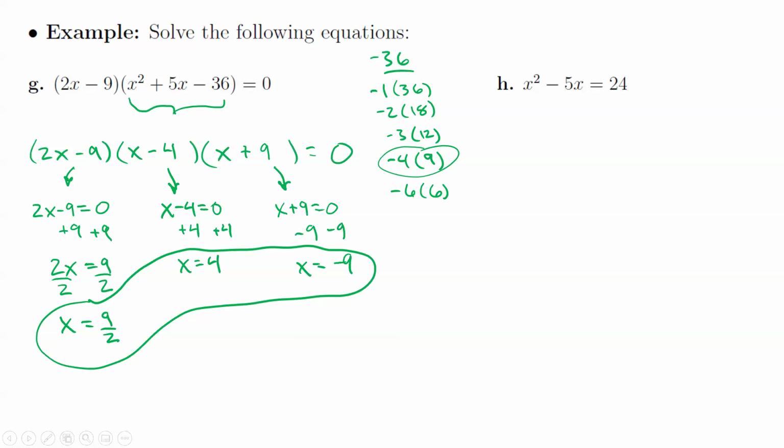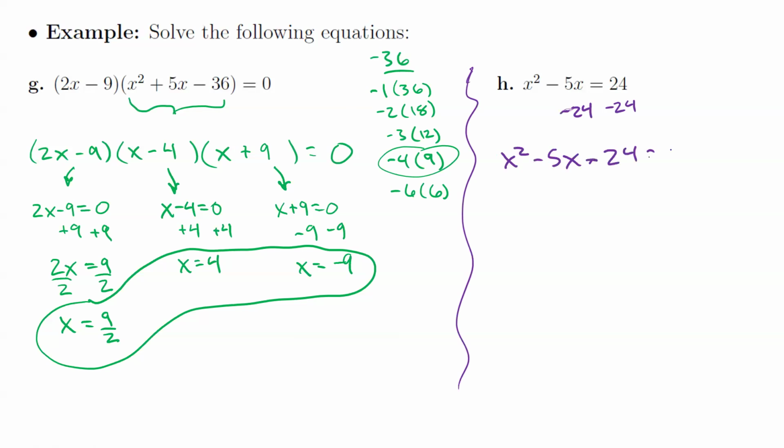And then finally on this last one, just another one where we've got to remember to make sure that we set one side equal to 0 first. So we'll of course subtract 24 first. So x squared minus 5x minus 24 equals 0.